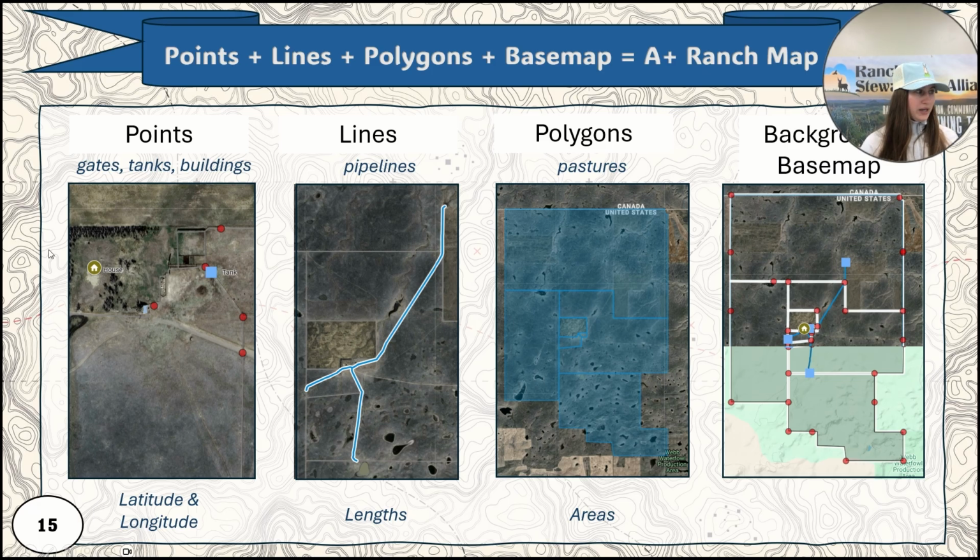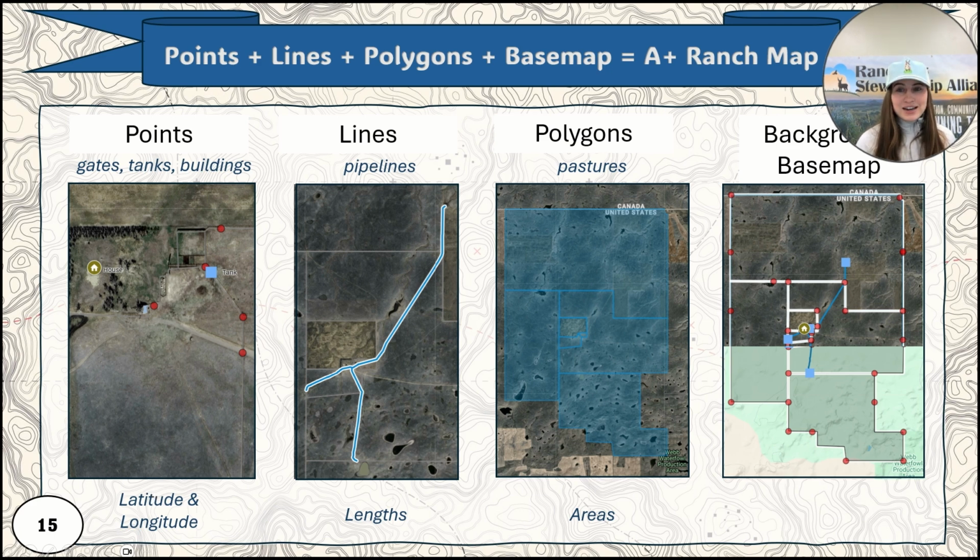So points are useful for representing a singular location, especially if you're wanting to represent a specific location such as a tank, gate, cattle guard, well, or creek crossing, because a singular point contains latitude and longitude information. And a point can really help you answer questions like, where is that one gate?